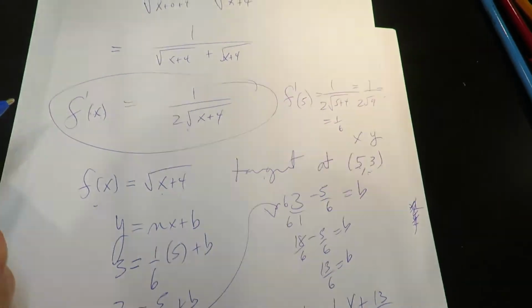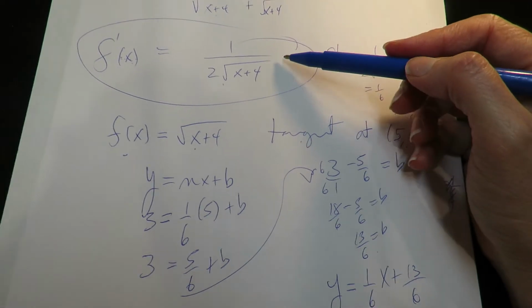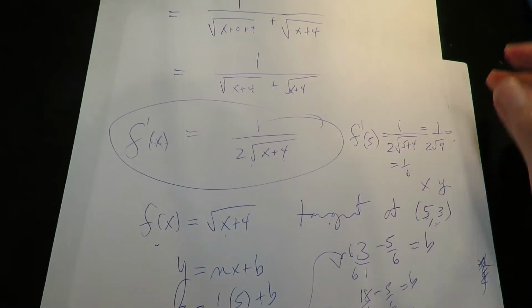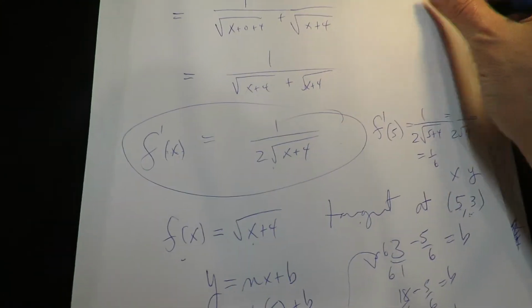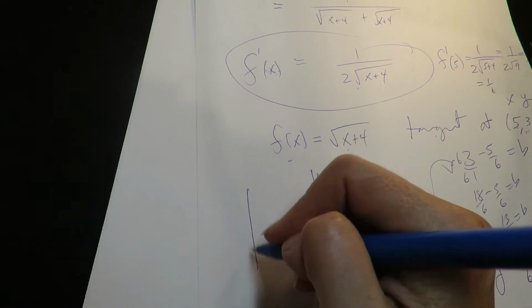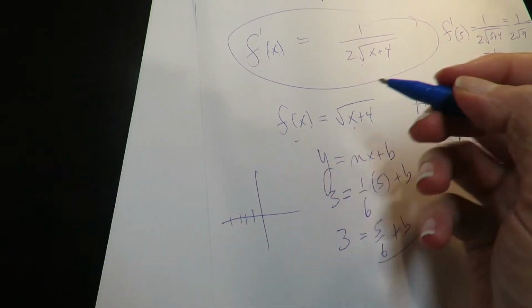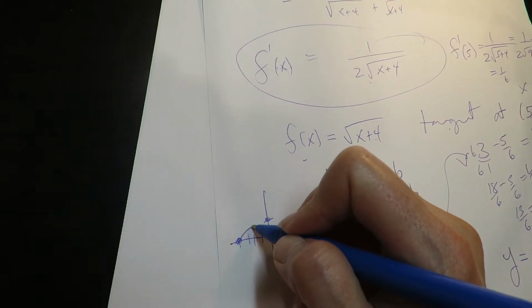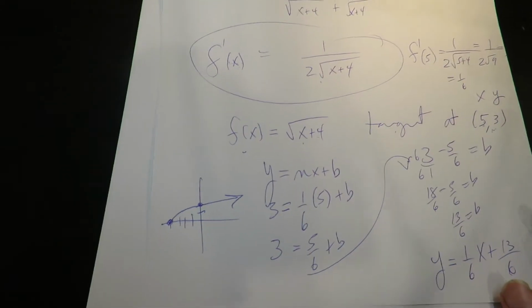All right, so let's just go over the basic details here. This is the derivative, which gives you the slope at every point on the graph. Now, if you want to see the graph, I'll draw that for you. So your original function is this. That's a graph shifted 4 units to the left, because it's a plus 4, so it's over here. It has a y-intercept of 2, so it looks like this.